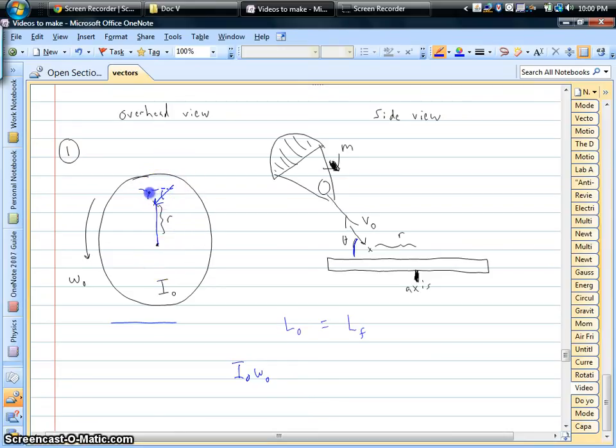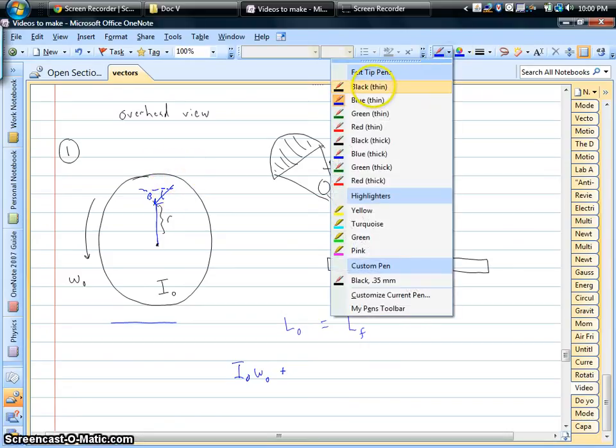That's our angle beta right there. So if we look at this, there's two things that we need. Relative to the axis of rotation, relative to the center of the spinning merry-go-round, the skydiver has one piece of motion. Let me change colors here. Make it in black.